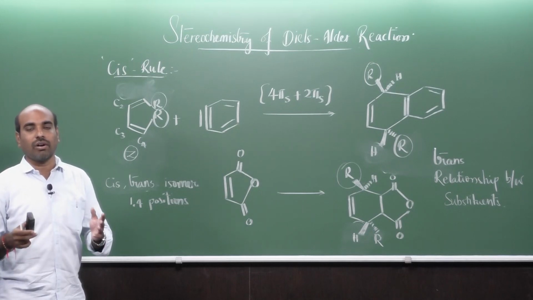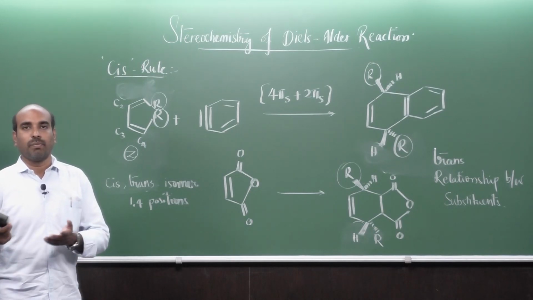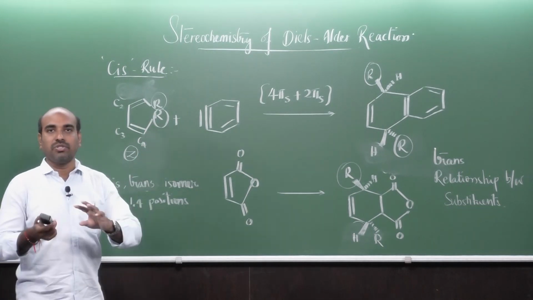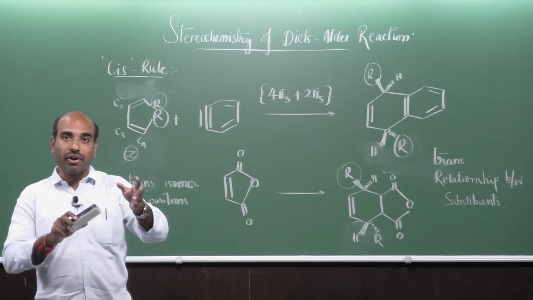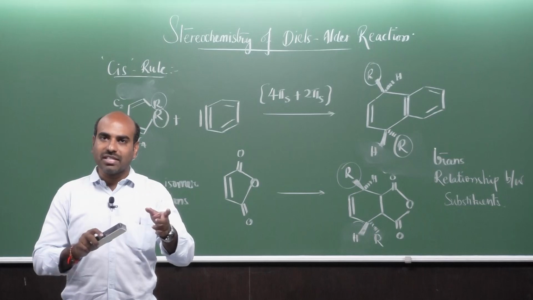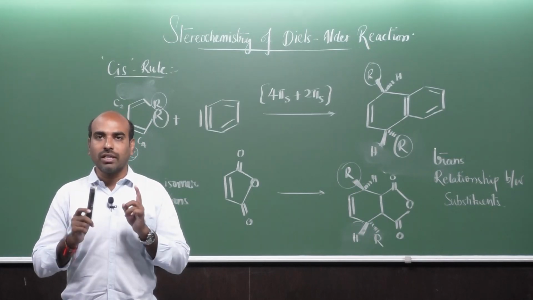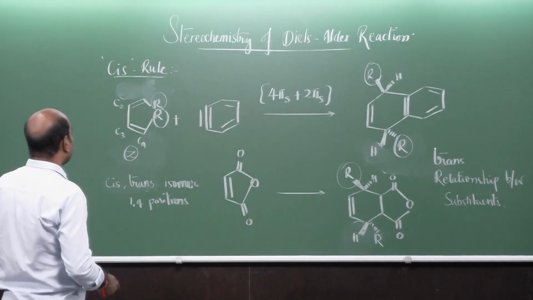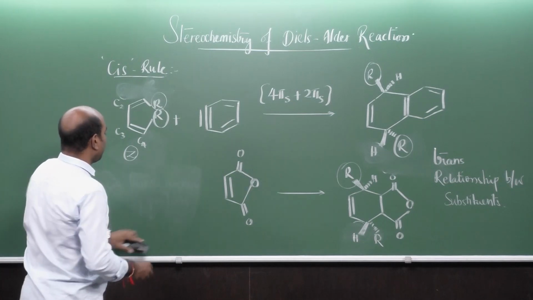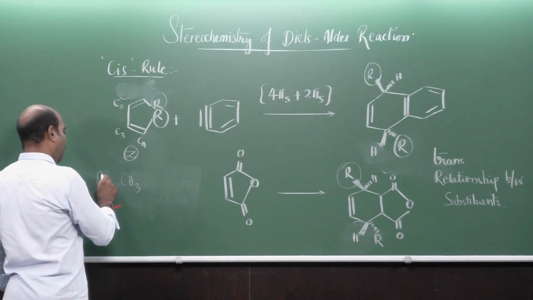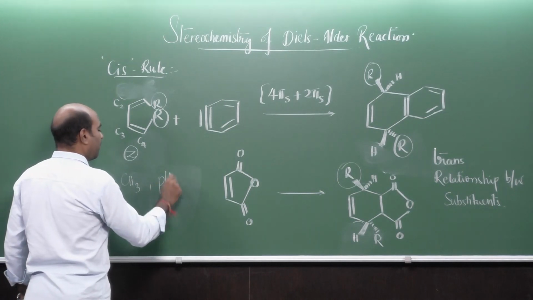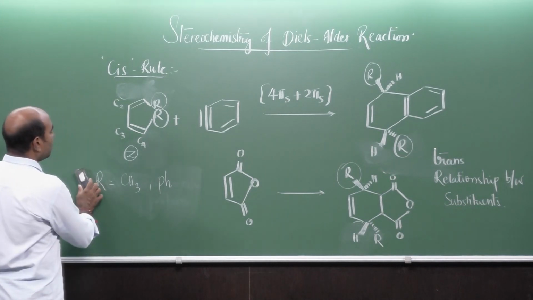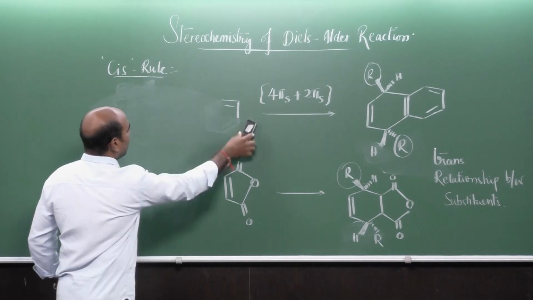The more the bulkiness of the groups, the more will be the difficulty to participate in the Diels-Alder reaction, because the molecule itself tries to move to the transoid conformation. So, if the molecule is in transoid conformation, then it is not possible for that molecule to participate in the Diels-Alder reaction, right. So, generally the R groups may be either methyl group or a phenyl ring, right. So, this is the stereochemistry, that is with respect to the cis rule proposed by Alder and Stein.